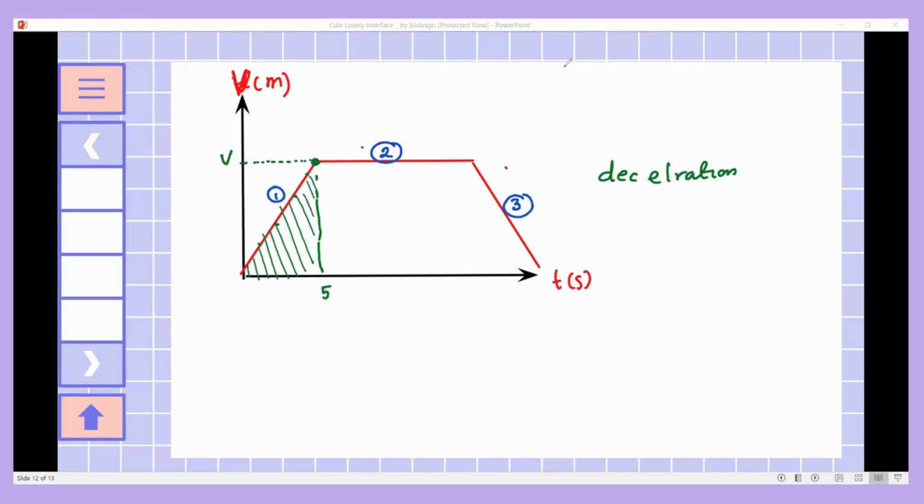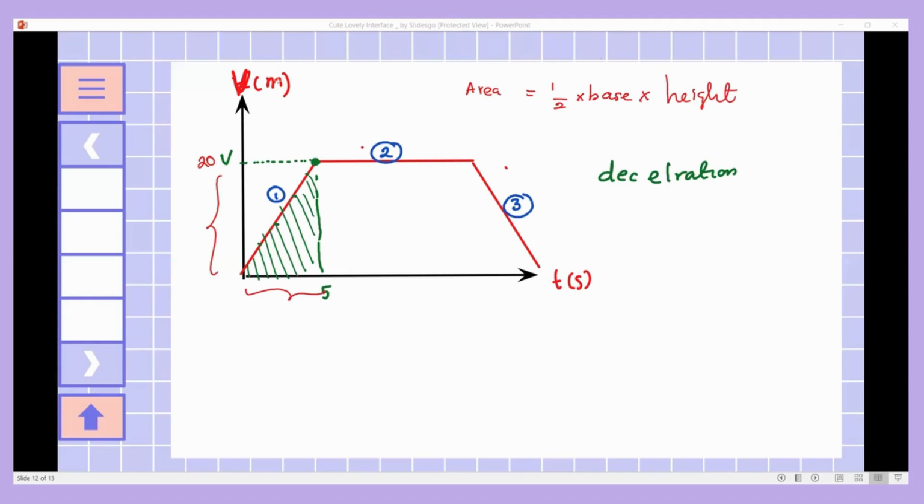And we know the formula for the area of the triangle, which is half into base into height, so instead of the base, this time we can use the time, which is 5. And if the velocity is given, that can be considered to be the height. So this is how we go with the calculations in the DT graph and VT graph.